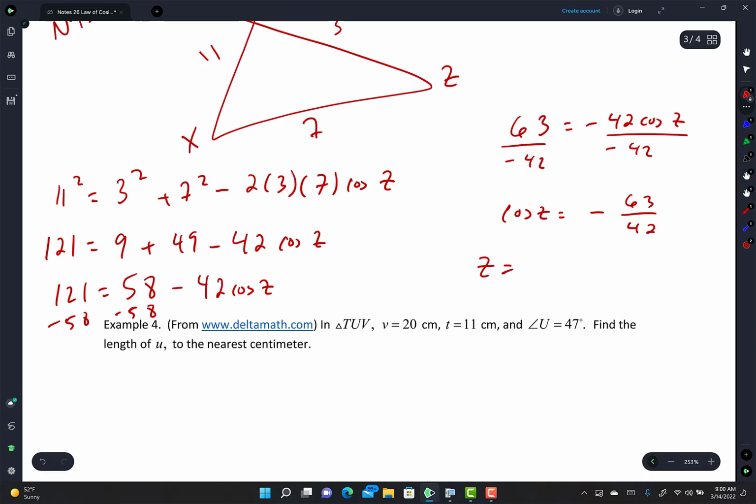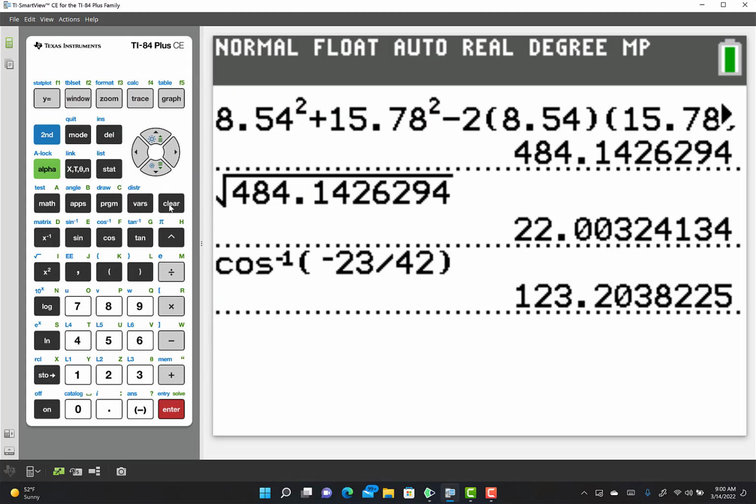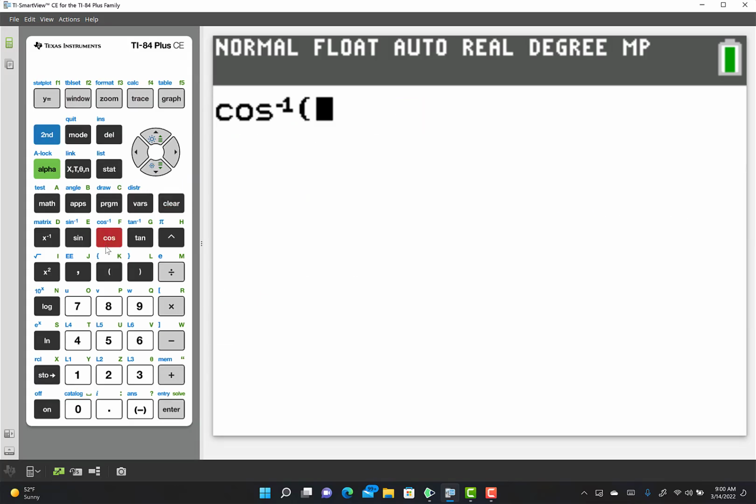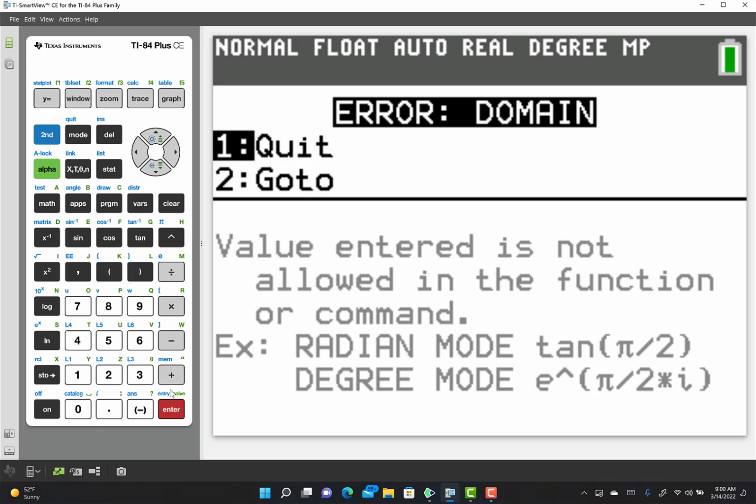If you try to do the inverse of this, guys, you're going to get an error. Look, arc cosine of negative 63 over 42. Can you tell me why I get an error?